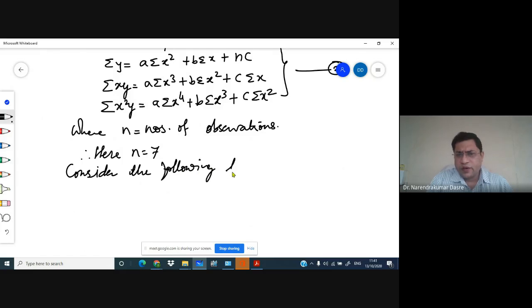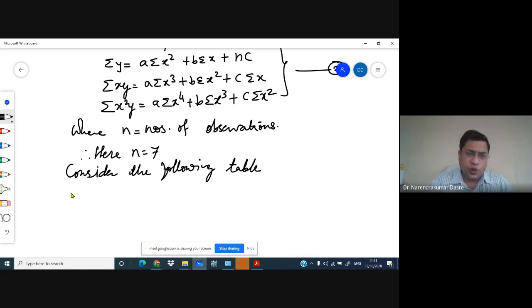To solve this system of linear equations, because a, b, and c are our unknowns and the degree of a, b, and c in all equations is 1, these are linear equations. So do not mix up the variables with the constants. The summations are the constants actually, and a, b, c are the variables. We have to be careful about this.